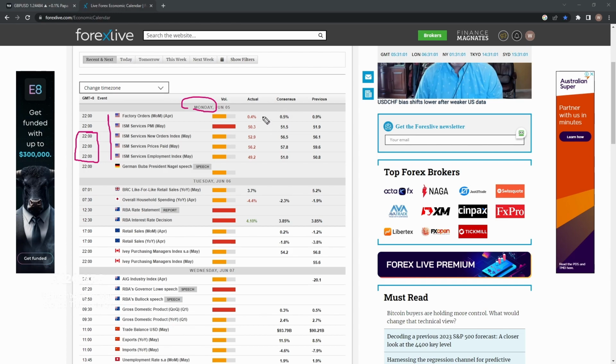All right, and they were all in red, which is lesser than what the expectation or consensus were. All right, so at 10 p.m. yesterday, the downward pressure came along.